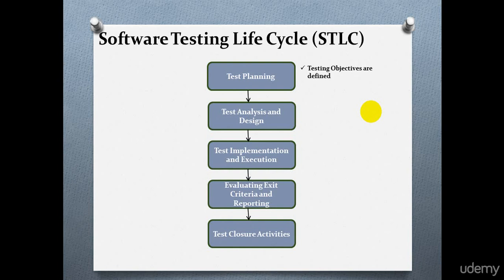In this test planning phase, the testing objectives are defined. Testing objectives may include features to be tested, types of testing to be performed, hardware and software availability, defining exit criteria such as when to stop the testing, and defining the resources and schedule for testing.